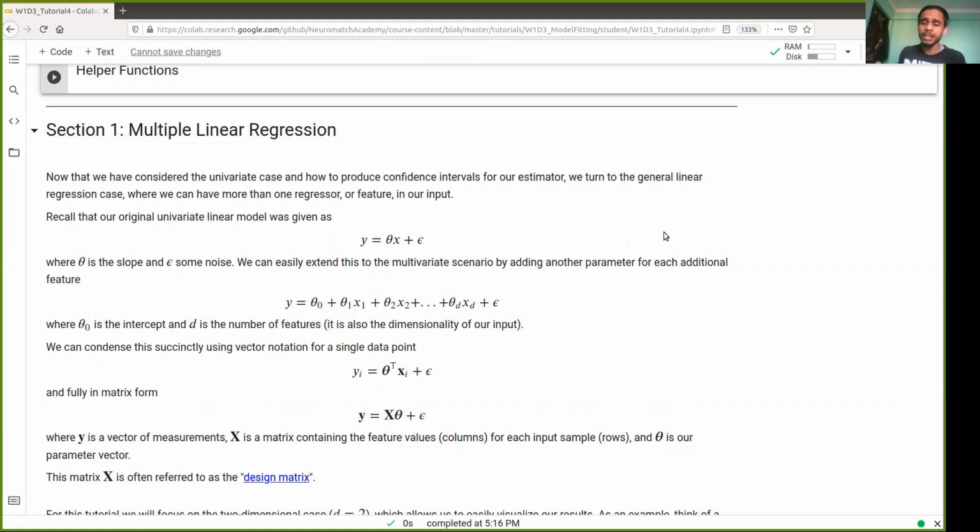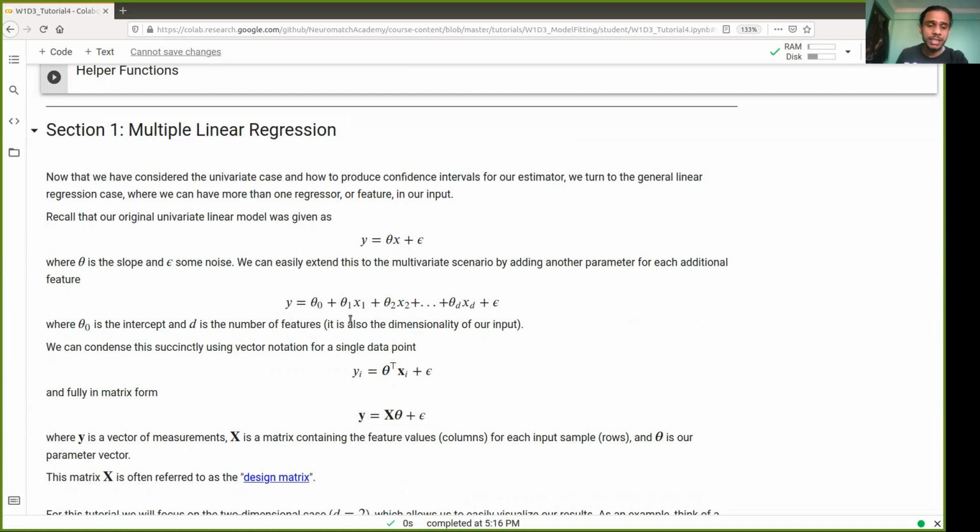You can simply think of this as a line with slope theta and intercept epsilon, right? So this is the simple case, right? We might have more than one independent variable. In such a case, we can write y equals theta naught plus theta 1 x1 plus theta 2 x2. Here, each input feature is scaled by a certain parameter or a weight, and then we sum all those values to determine the value of y, right?